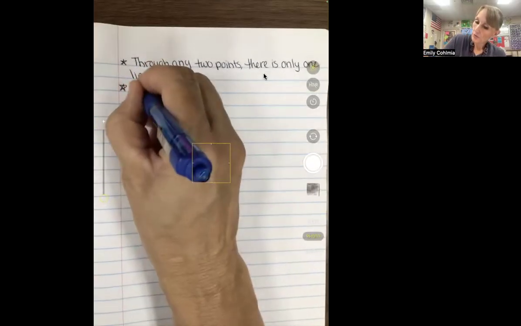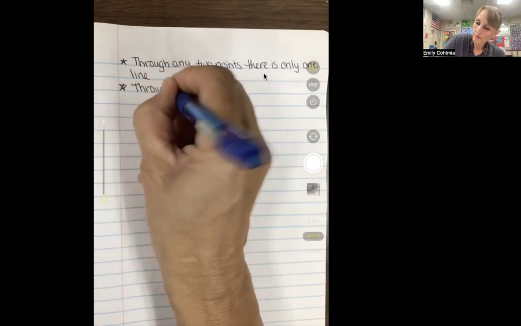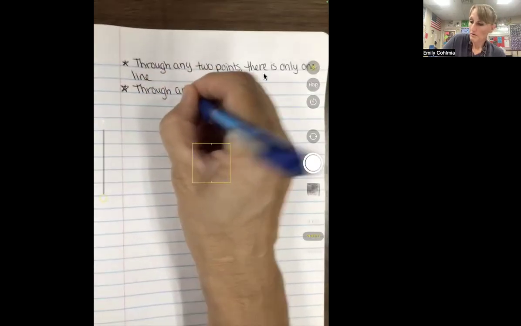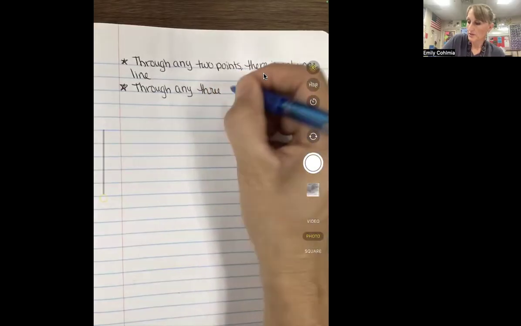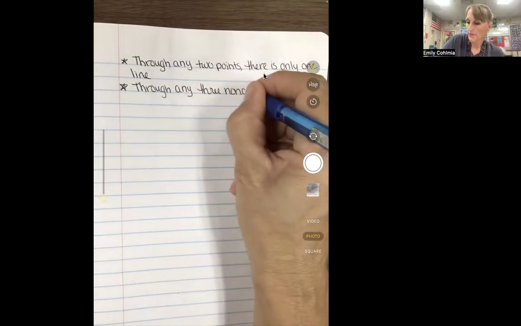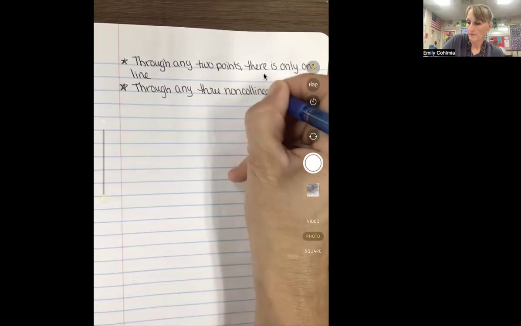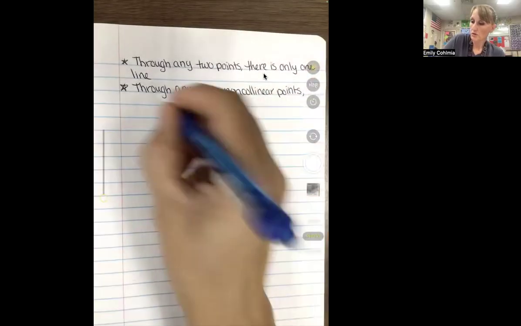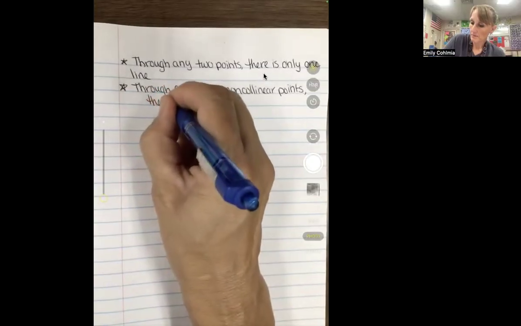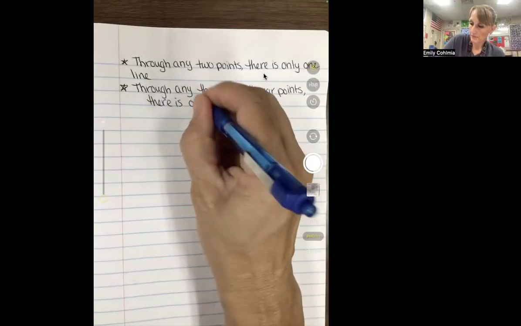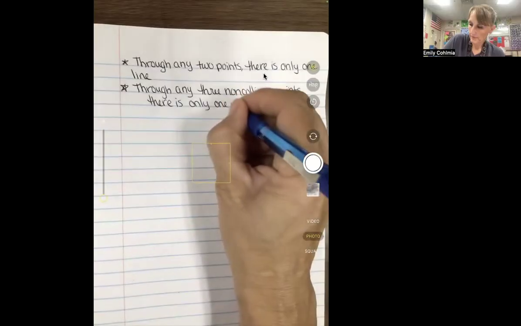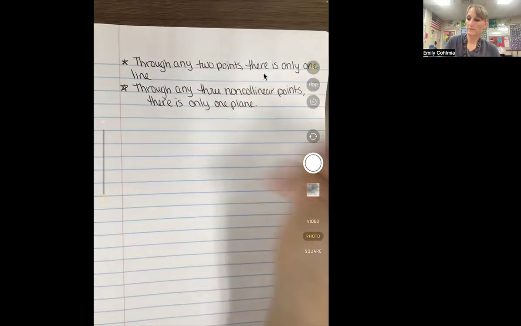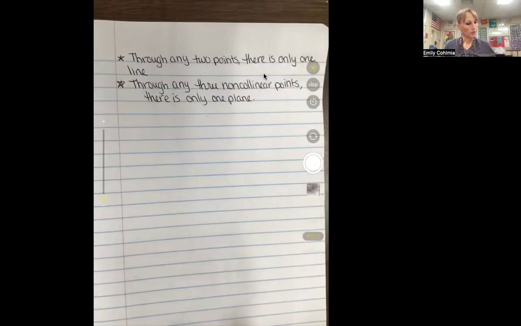And through any three non-collinear points, there's only one plane. So a couple of things that you need to know there.